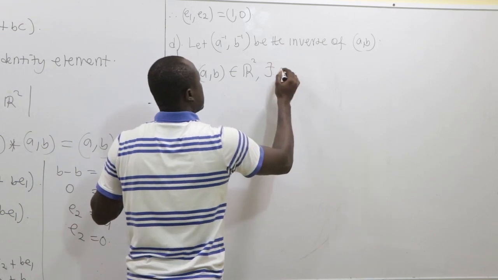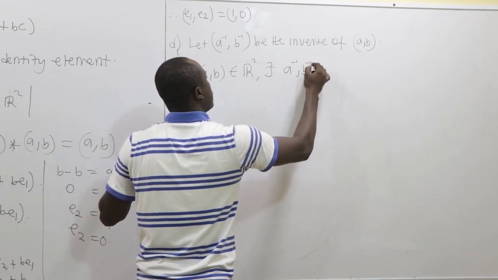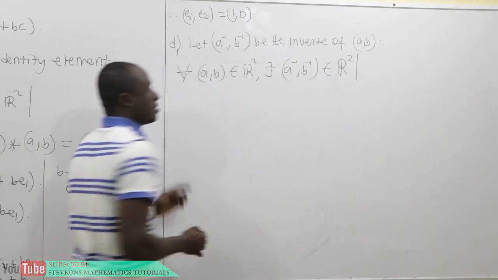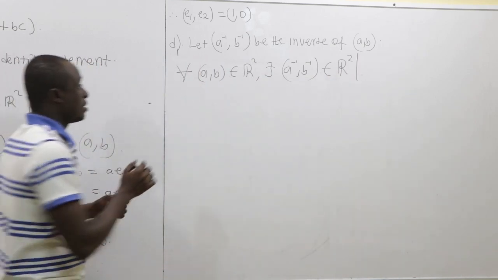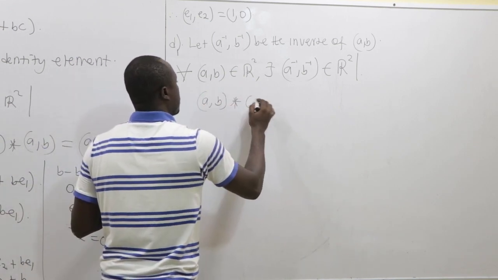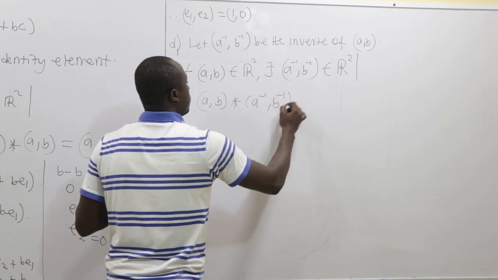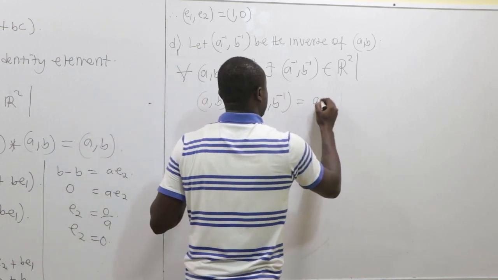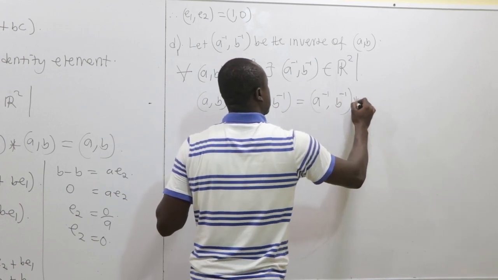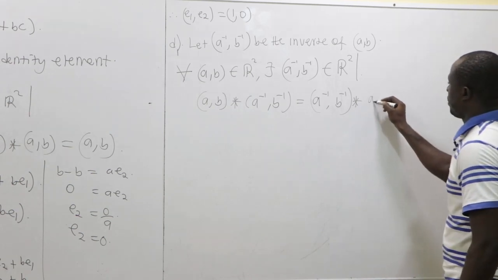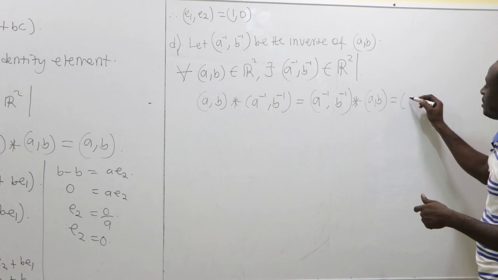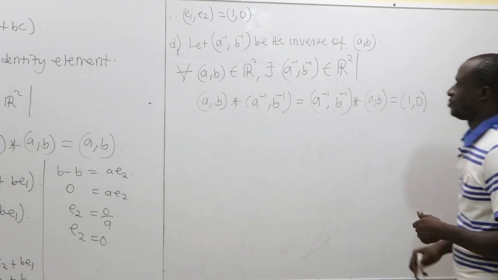We say that there exists (A inverse, B inverse) a member of R square such that (A, B) star (A inverse, B inverse) is equal to (A inverse, B inverse) star (A, B), and this is equal to the identity element, which is (1, 0).